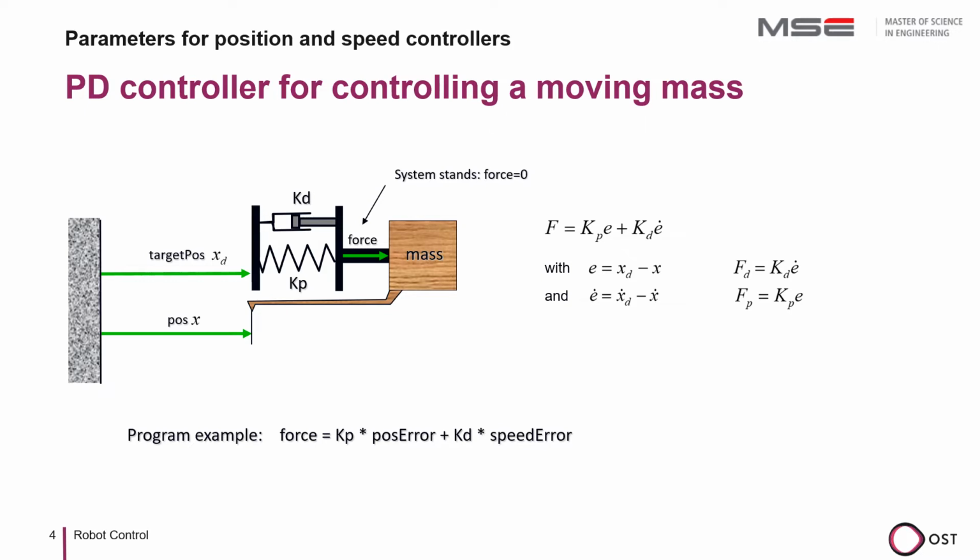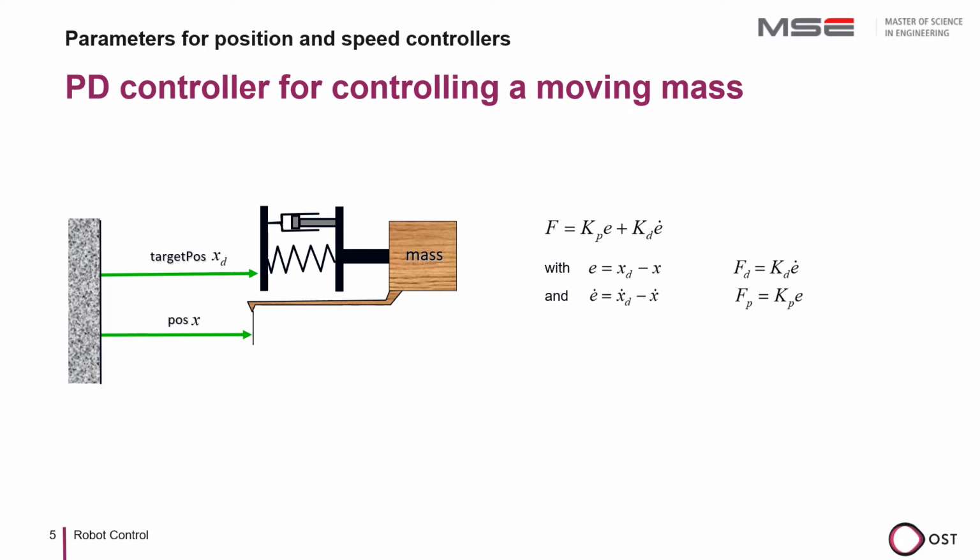The velocity error E dot and thus the damping force is also zero. The system is force-free. If the system is preloaded, the target position is displaced and the spring is under tension. The control error E is then target position xd minus actual position x and the velocity error is zero. The force F would then be, for a short moment, Kp times E.